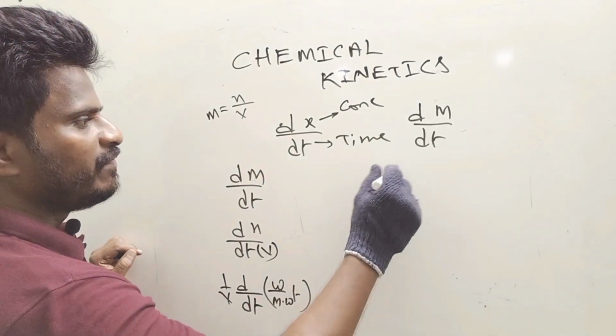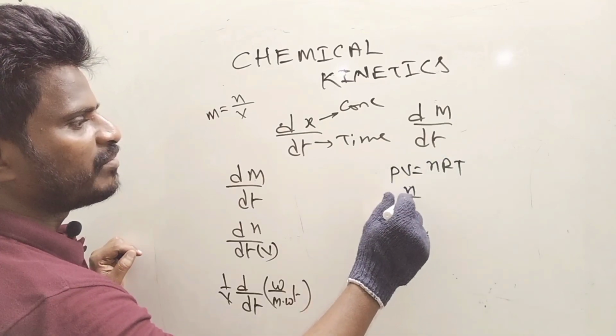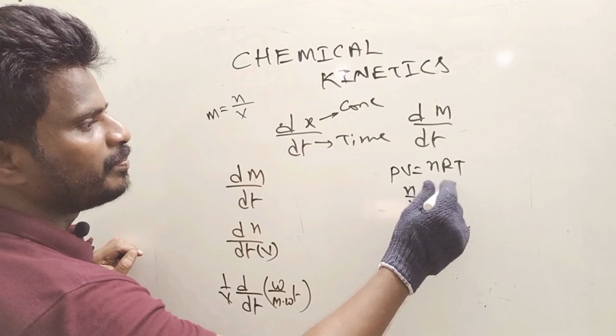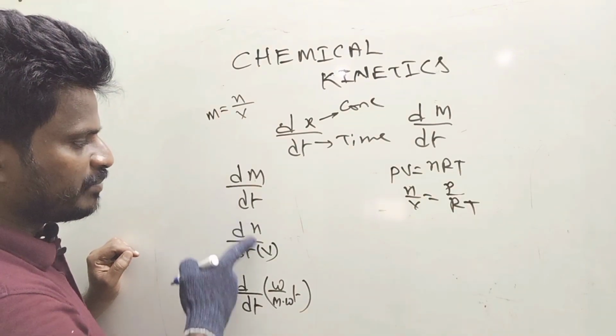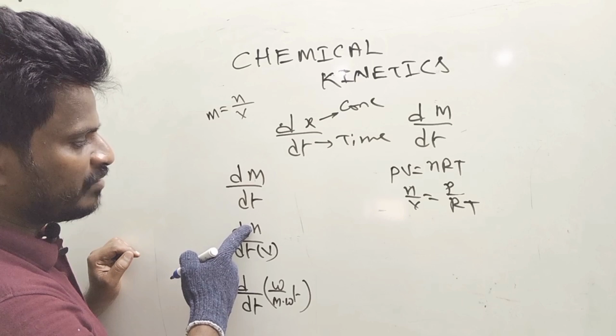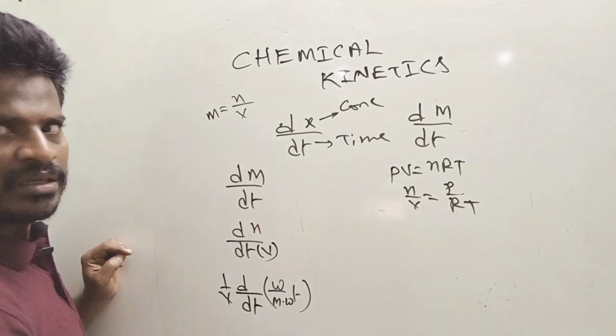And from PV is equal to nRT, here n by V is equal to P by RT. In this equation, in the place of n by V we can write P by RT.